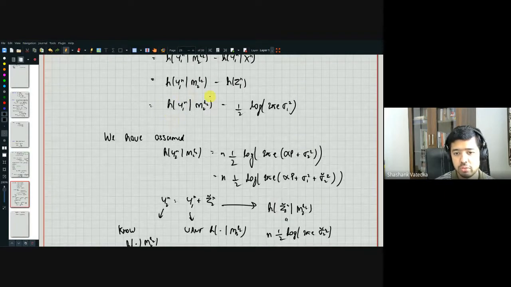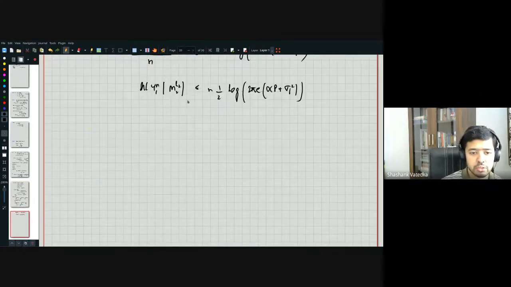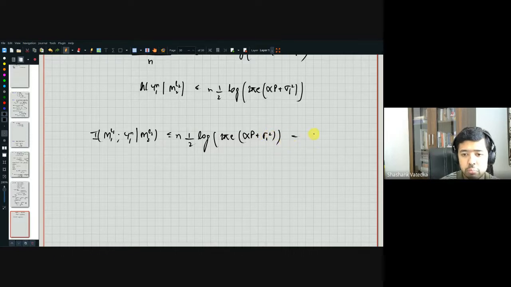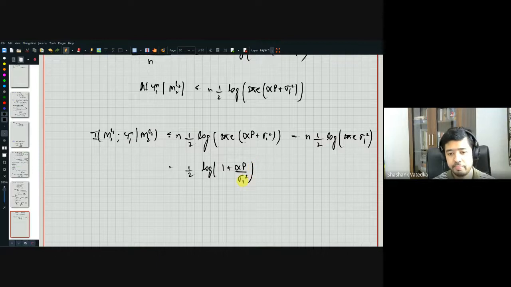So the mutual information between m1 and y1 given m2 is less than or equal to n times half log 2 pi e times alpha p plus sigma 1 square, minus n times half log 2 pi e sigma 1 square, which is simply half log 1 plus alpha p by sigma 1 square. Isn't it?